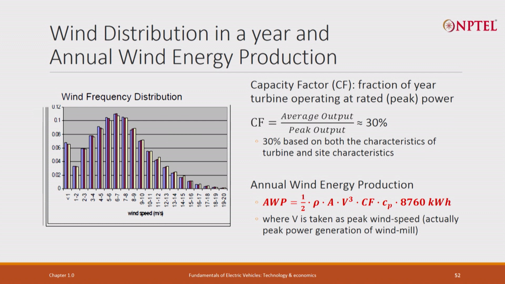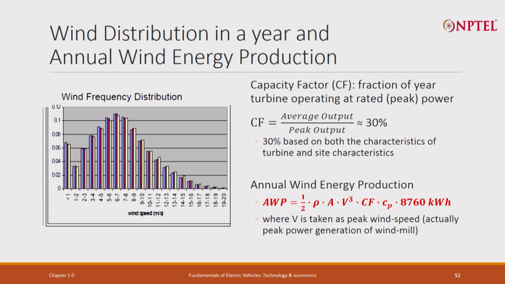So, annual wind production will be half into rho, where rho is the air density, multiplied by the area swept, multiplied by V cubed, the velocity at which you are operating, you can take the peak velocity, multiplied by the capacity factor, that is what you will get in a year, multiplied by the coefficient of efficiency, multiplied by 8760.